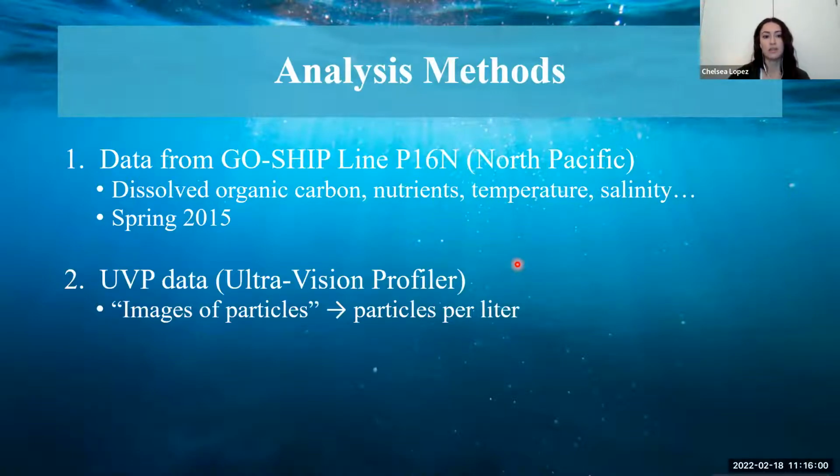So I'm also looking at UVP data, which is the underwater vision profiler. And this is attached to the CTD, which I'll show you a picture of to show you what field work would look like for this. But it's a sensor that they attach to the rosette. It goes down, it takes a lot of images of particles, and then they can analyze that and turn it into different parameters. But I'm looking at particles per liter, depending on size classes.